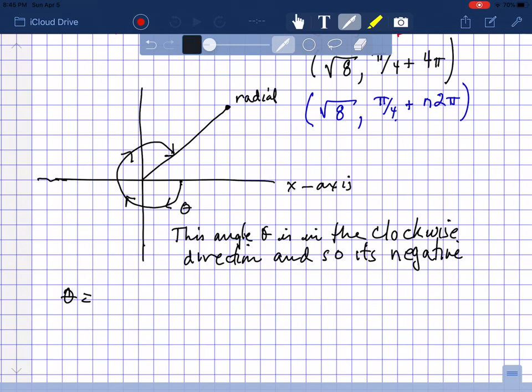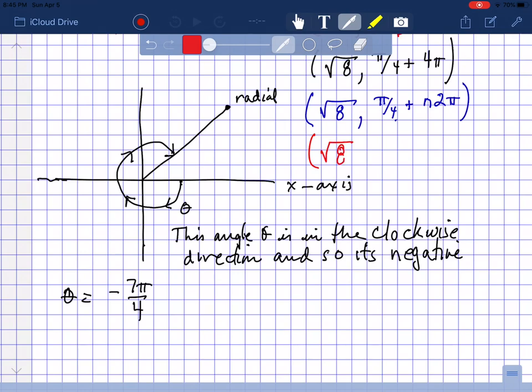And in point of fact, in this case here, theta is equal to, well, what is it going to be? It's going to be minus 7 pi divided by 4.